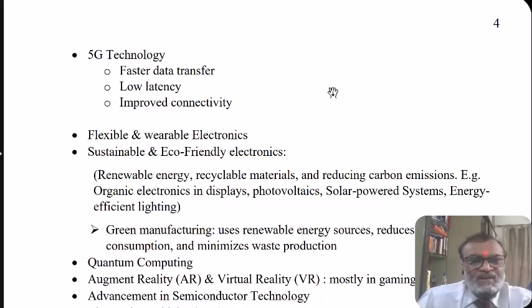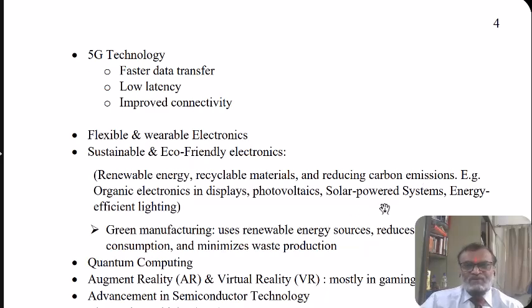Sustainable and eco-friendly electronics is the era where electronics is used in renewable energy, in recycled material, reducing carbon emission, etc. Organic electronic displays, photovoltaic cells, solar power systems, and energy efficient lighting are using electronic systems nowadays.